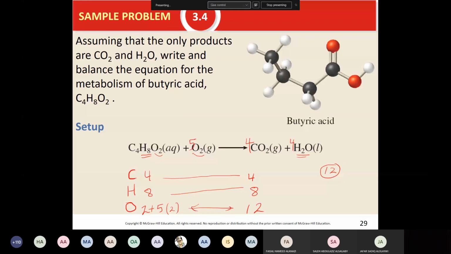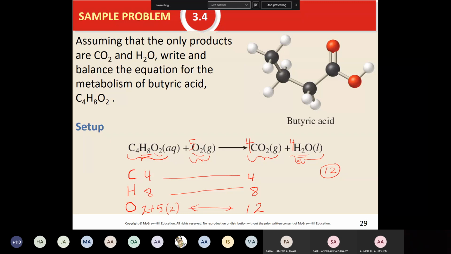Very good. So how can we read this? We say that one molecule of C4H8O2 reacts with what? 5 molecules of oxygen to make what? 4 molecules of CO2 and 4 molecules of water.